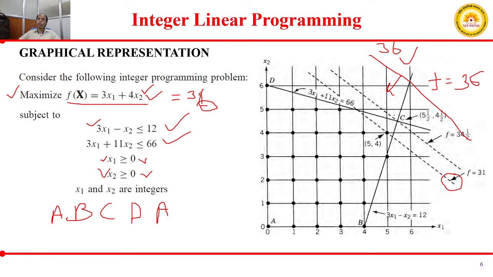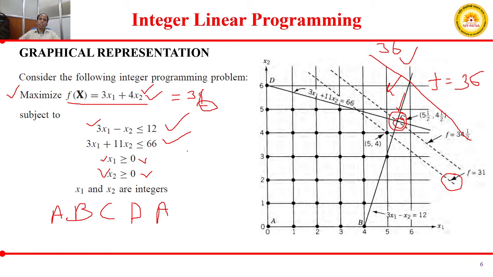When you move it towards the feasible region, which point touches first? Point C comes into contact with the objective function first, so point C has the optimum solution, corresponding to the maximization of this program.